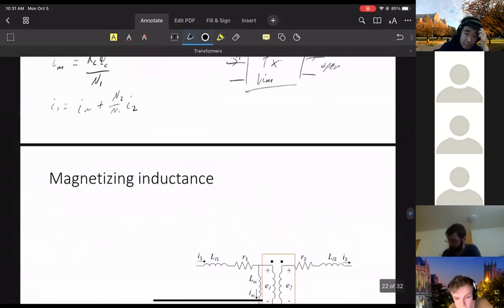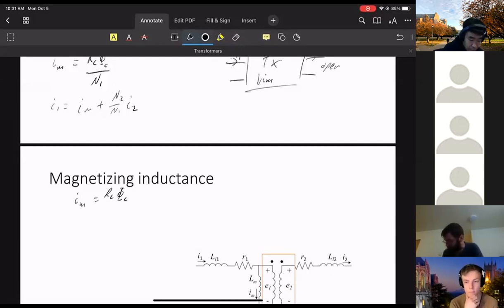Basically, we again have something that looks like an inductor in between. If I know this magnetizing current, this current in parallel, then I know my field is a time varying field. So phi c is time varying, and I take a derivative.